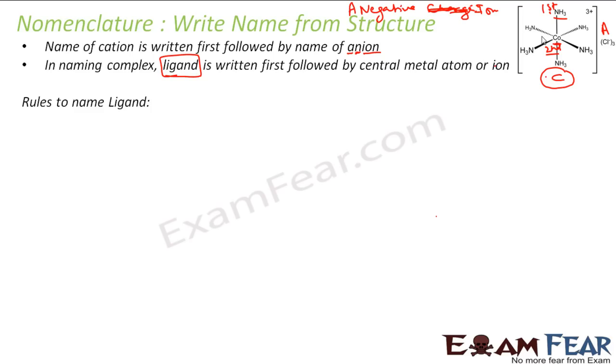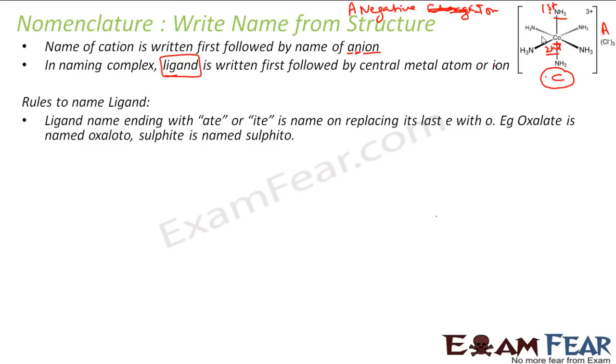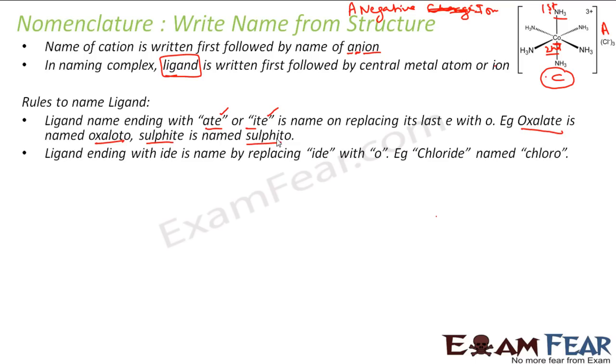Now if there are multiple ligands, there are some rules to write ligands. The rule is, if the ligand name ends with ate or ite, then we replace the last e with o. For example, oxalate becomes oxalato, sulfite becomes sulfito. If the ligand name ends with ide, then ide is replaced with o.